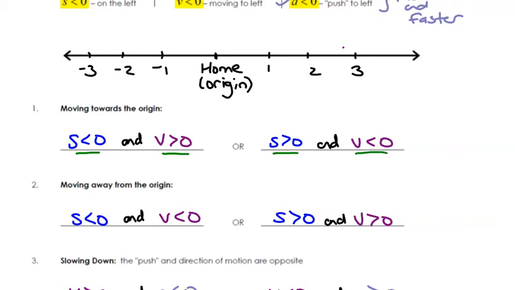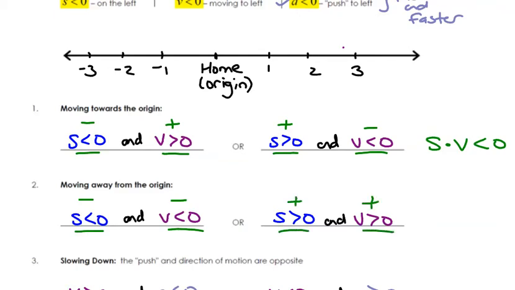If I multiply them, this is going to be a negative number for S, a positive number for V, and this is going to be a positive number for S and a negative number for V. So when I multiply a negative and positive, obviously I'm going to get a negative. So if you take your position and multiply your velocity, you're going to get something less than 0. But since these guys are going in the same direction, both negatives, and these guys are both positives, S times V is going to be a positive number.